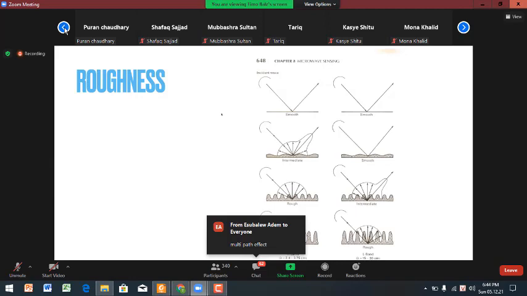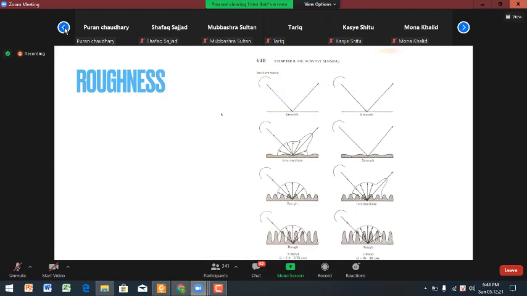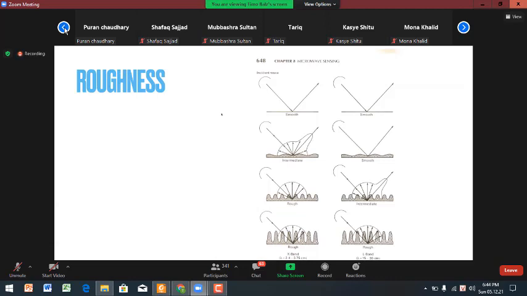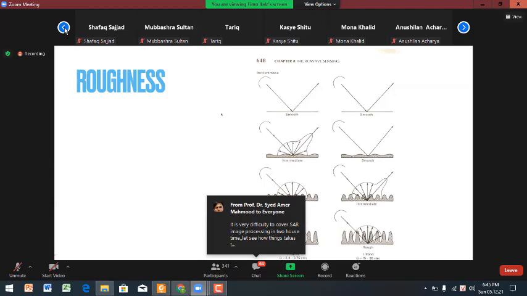The roughness of the ground: we just described only two cases, very rough and smooth, diffuse and specular reflection. But it is clearly a continuum between smooth and rough, with intermediate roughness levels. And it also clearly depends on the wavelength of your system.